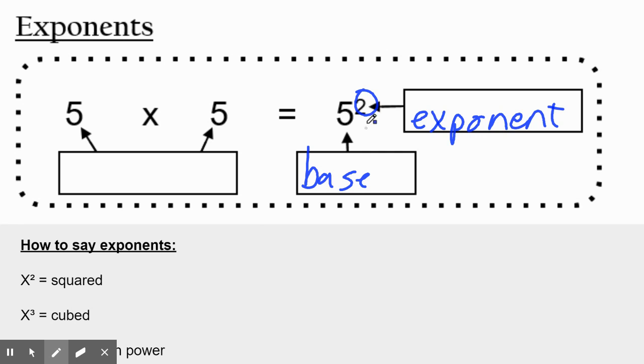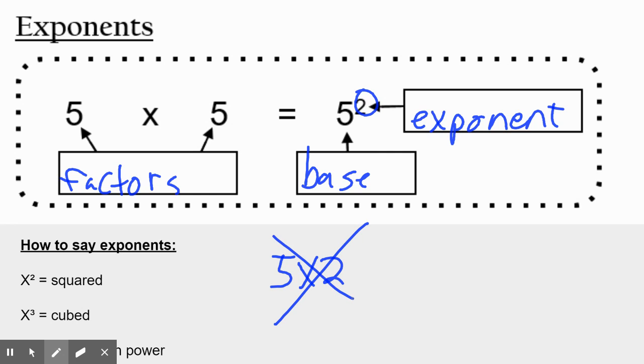So because I have a 2 there, okay, this is telling me to multiply 5 twice. So that's why I have here for my factors, I have 5 times 5. It's not 5 times 2, okay, it's 5 times 5.